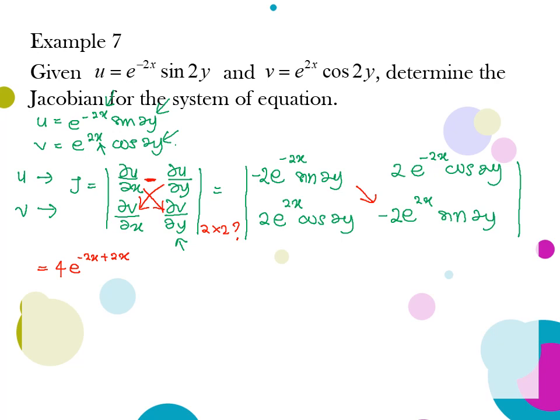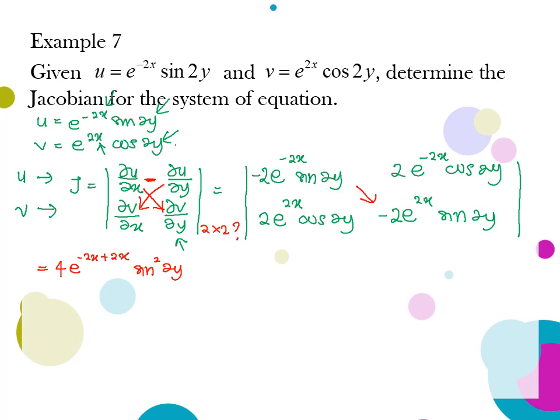Sine 2y multiplied with sine 2y will double the power of sine and the angle will remain 2y. Multiplication of two same trigonometric functions does not double the angle, but it will double the power of the trig function. So it is sine squared 2y, not sine 4y squared. That is wrong.